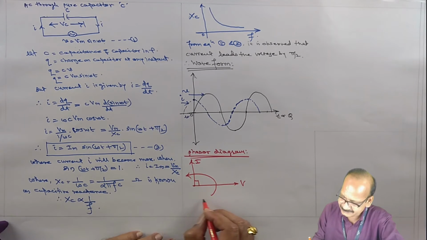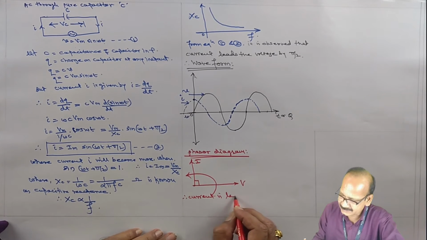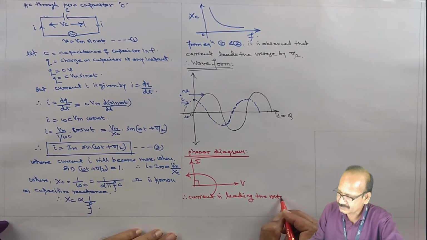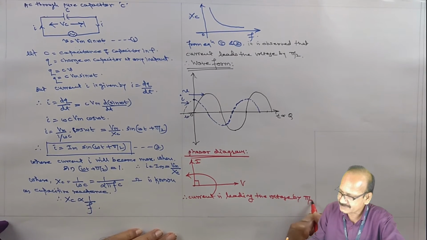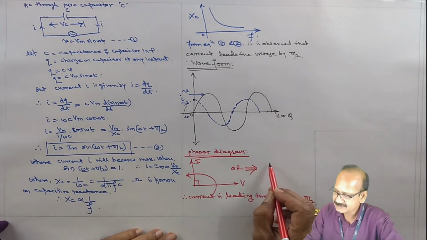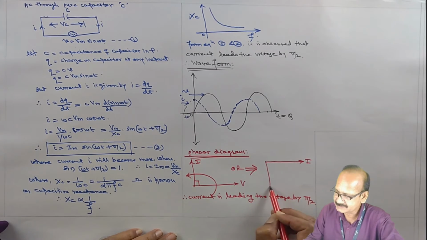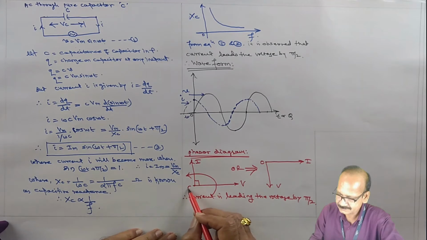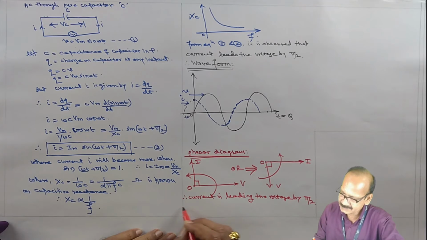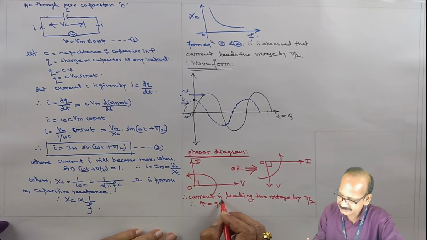So the current is leading the voltage by pi by 2. Or this can also be shown like this, taking current as the reference vector, with the angle 90 degrees.